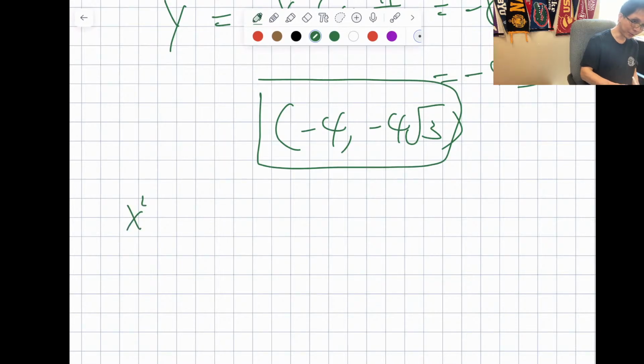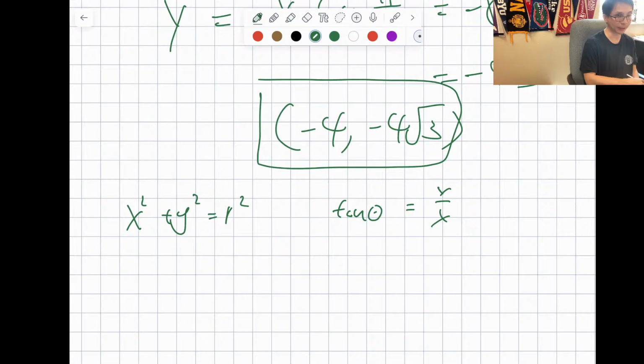Okay, x squared plus y squared is equal to r squared. That's the first thing. And then tangent theta is equal to y over x. So let's figure out what r is. Now, r can be positive or negative; there's an infinite amount of representations of the same coordinate. You have to figure out what's the correct one.